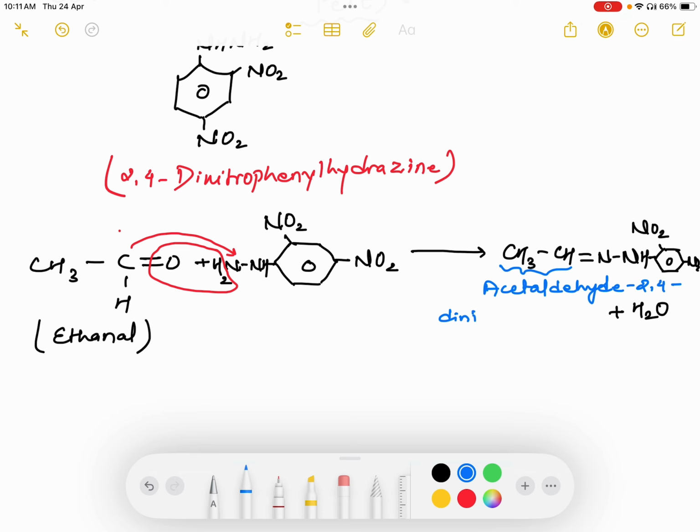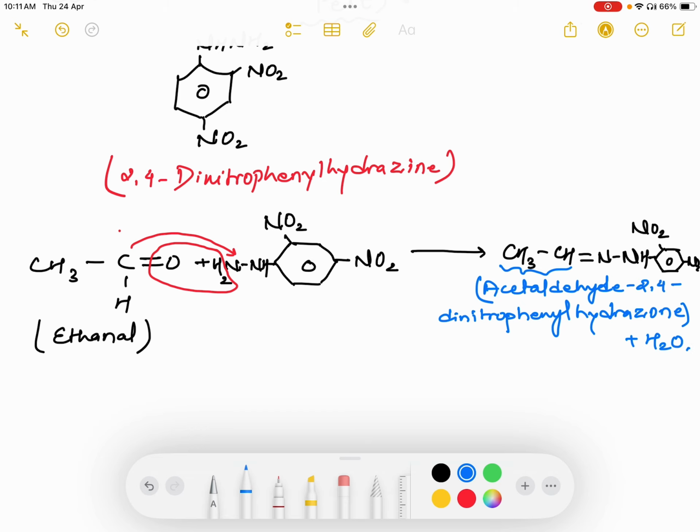So this reaction is generally used for the identification of carbonyl compounds. Here you have the liberation of water as well.